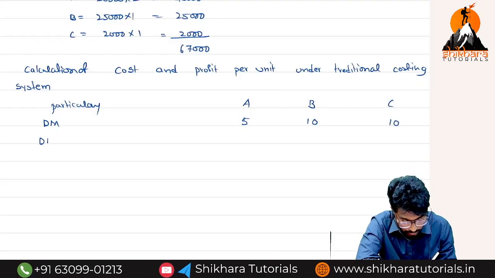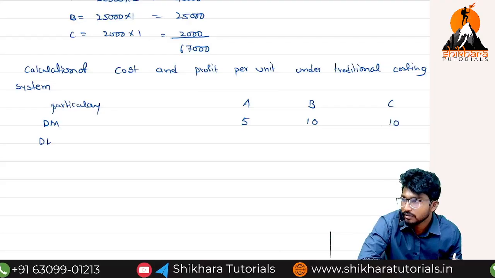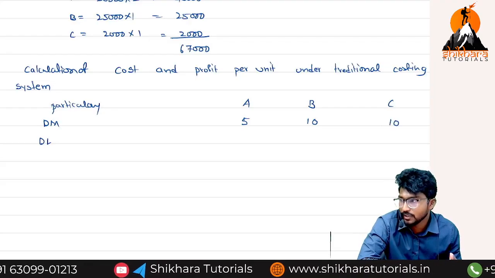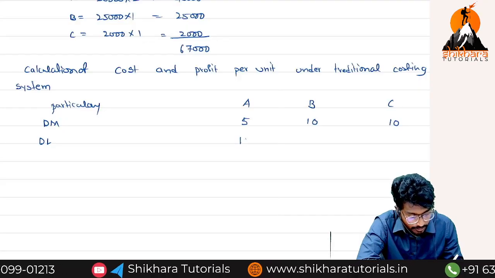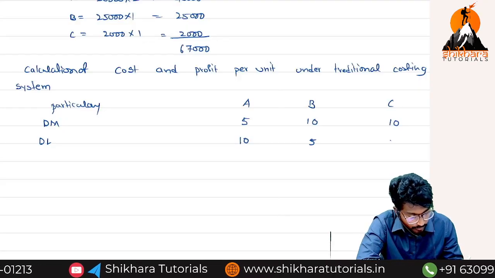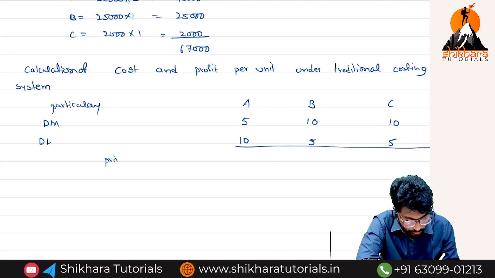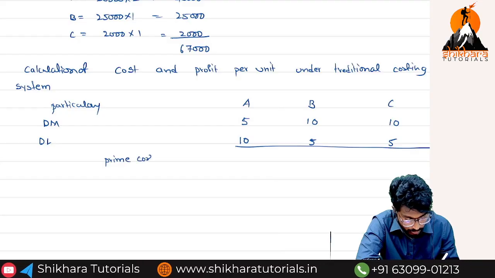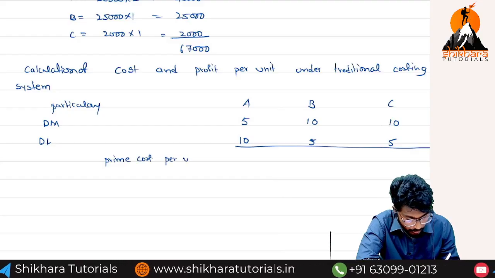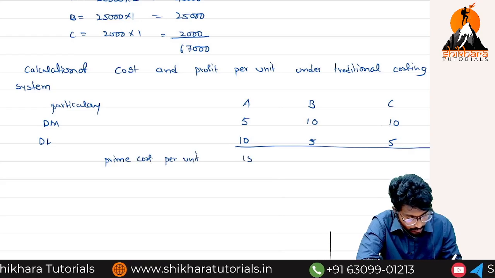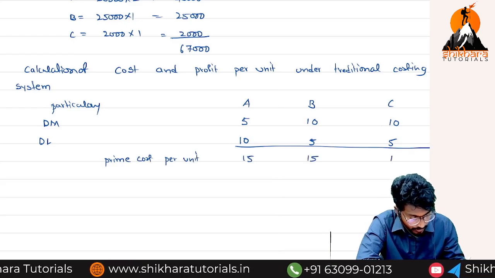Direct labor cost per hour is 5 rupees. A consumed 2 hours per unit. That is 10, 5, 5. Prime cost per unit: 15, 15, 15.